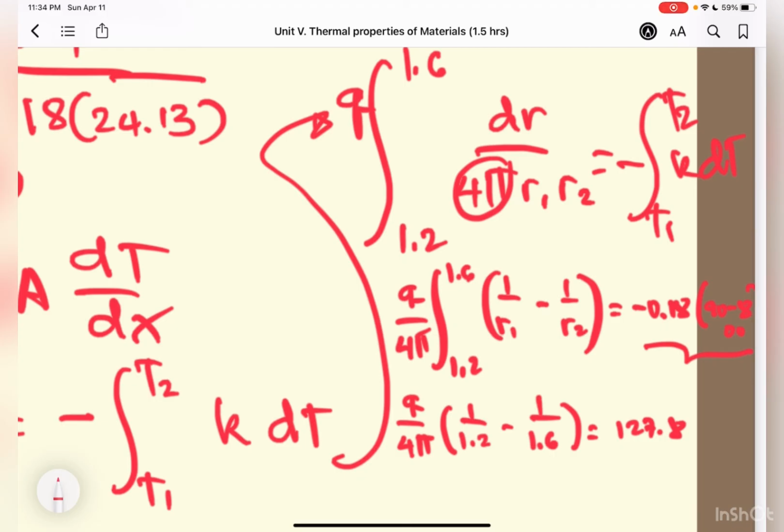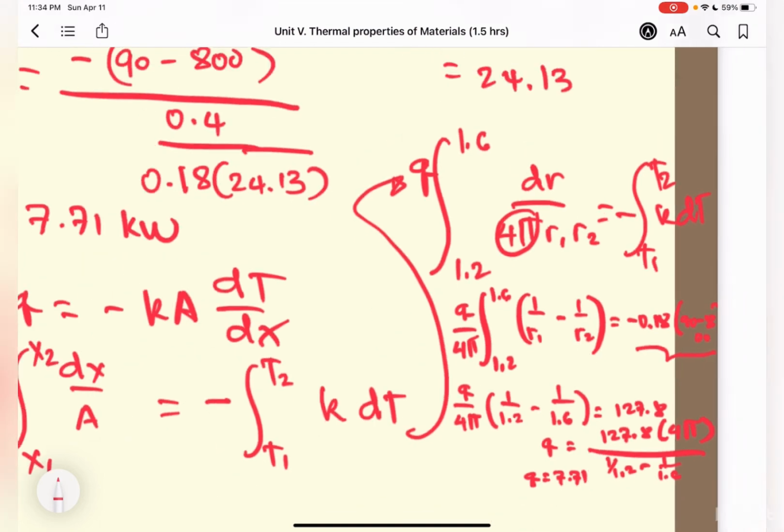And finally, you could get Q to be 127.8 times 4 pi all over 1 over 1.2 minus 1 over 1.6. And you'll find it to be equivalent also to 7.71 kilowatt.